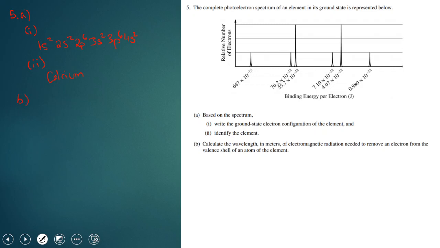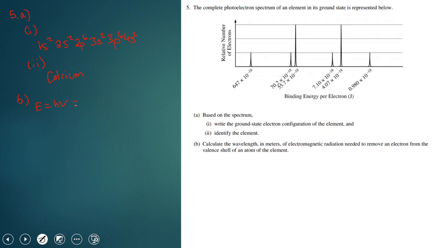B, we get into some modern chemistry, or quantum chemistry, to calculate the wavelength in meters of electromagnetic radiation needed to remove an electron from the valence shell of an atom in the element. Alright, so keep in mind that our energy is equal to, based on our formula sheet, Planck's constant times v, where v is the frequency.